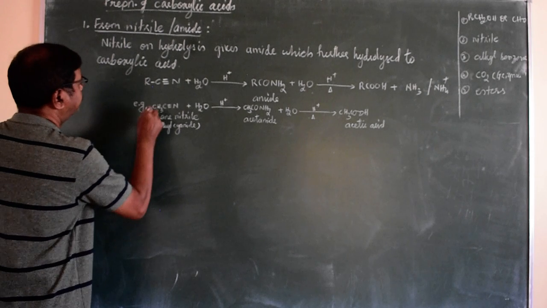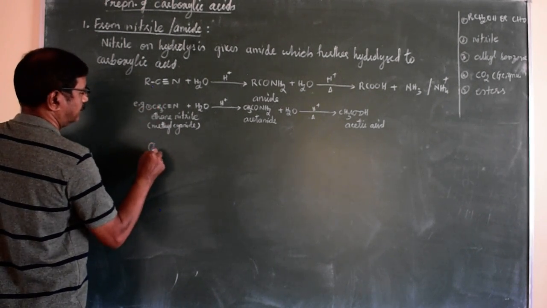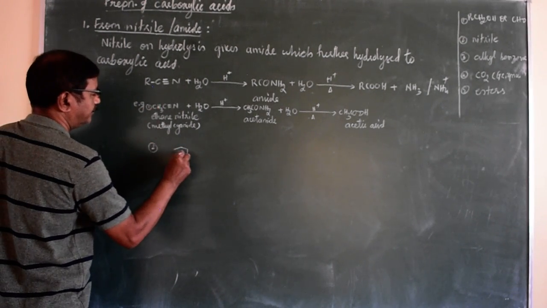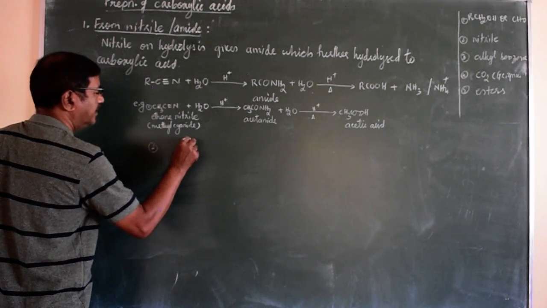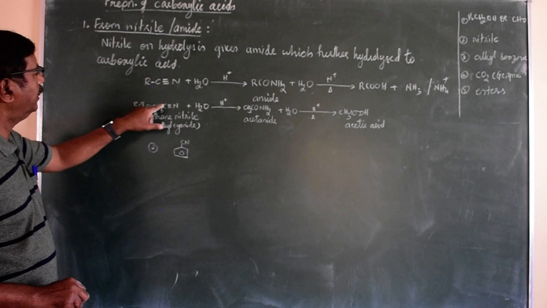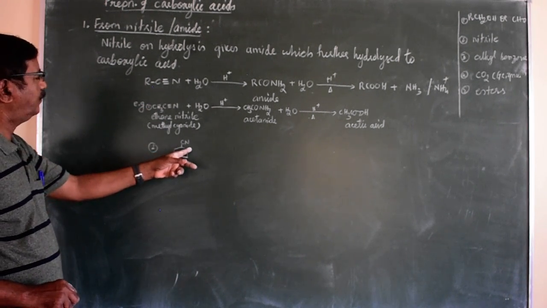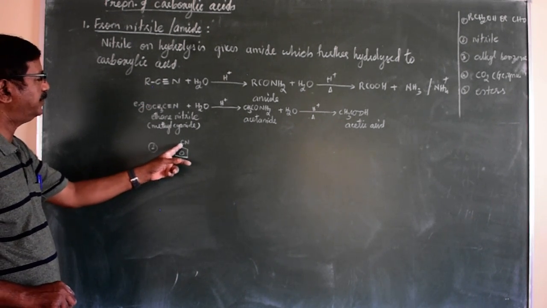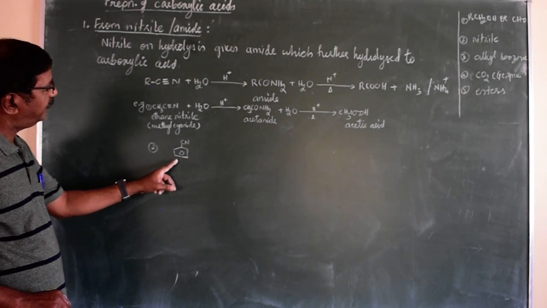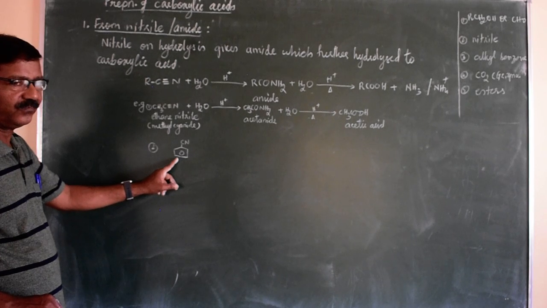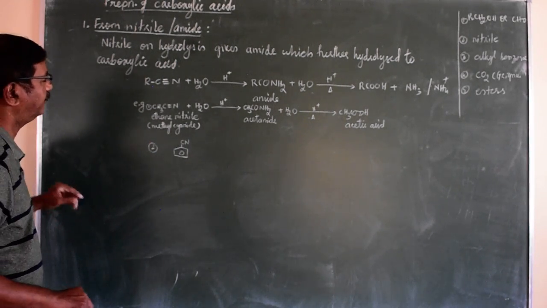Second example. The common name for this one is like methyl cyanide. So we know this benzene ring is C6H5, with one hydrogen less. C6H5 is called phenyl, then cyanide.